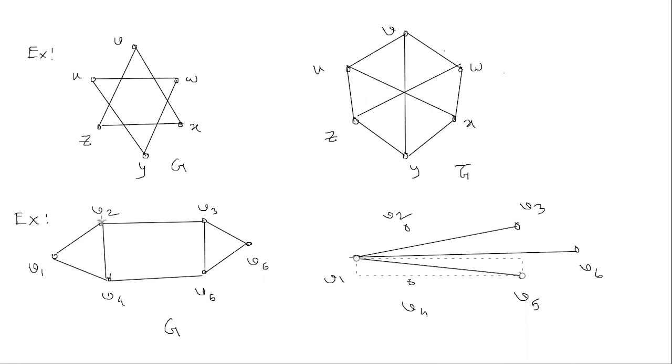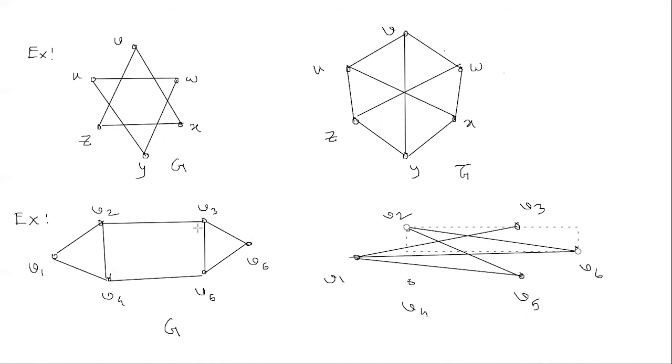Next, if you consider V2, V2 and V5 are not adjacent in G. So V2 and V5 are adjacent in G bar. Then V2 and V6 must be adjacent in G bar. After that, V3.